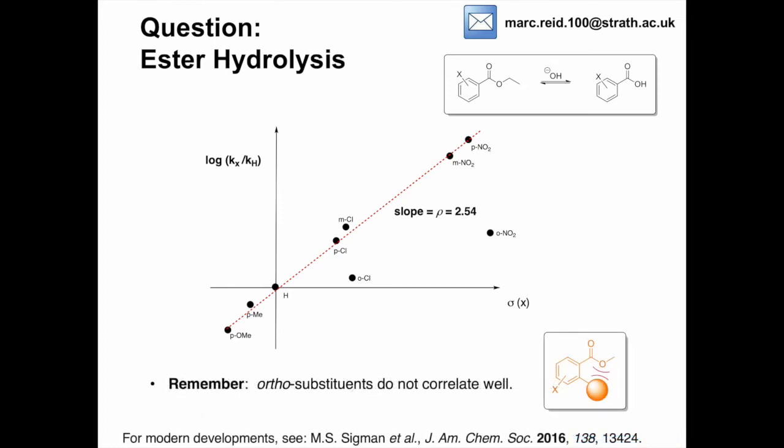Note the presence of outliers on the plot and that these are for ortho-substituted esters. Recall here that such substituents do not correlate well in Hammett plots due to exaggerated steric effects in the ortho position relative to either meta or para substituents.